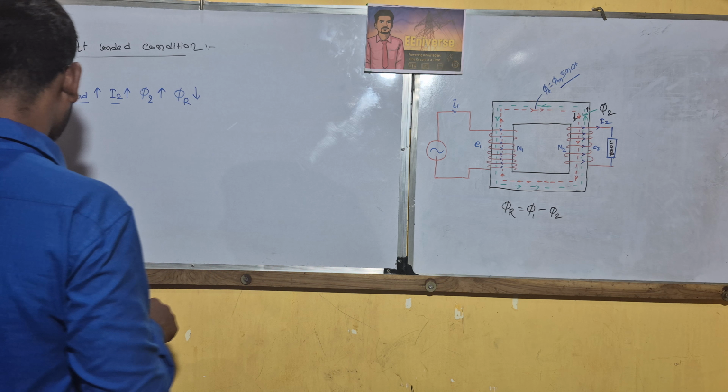So we know that phi, the flux, is proportional to V by F. In our supply the voltage and frequency are always maintained constant.